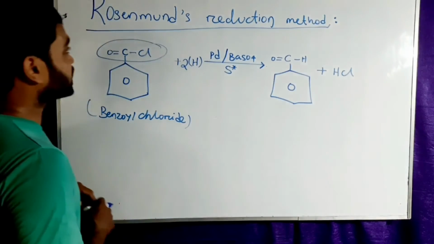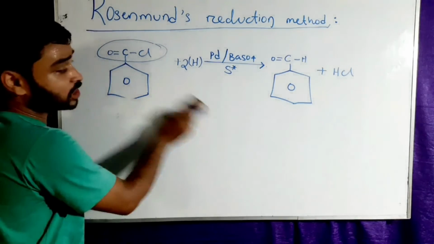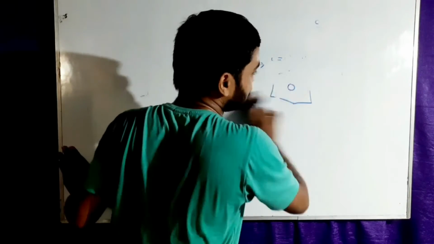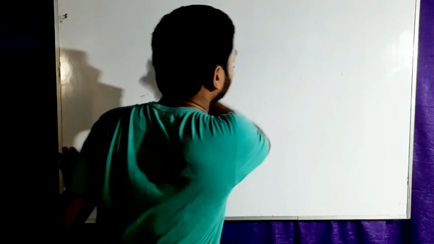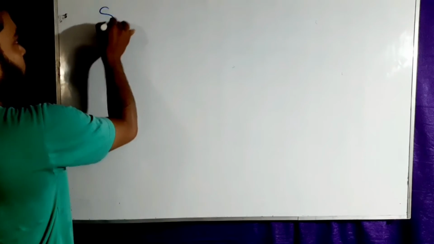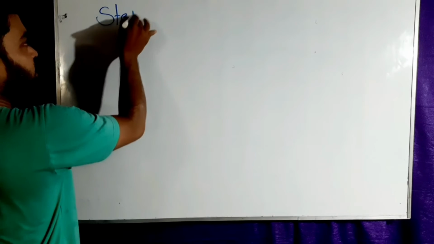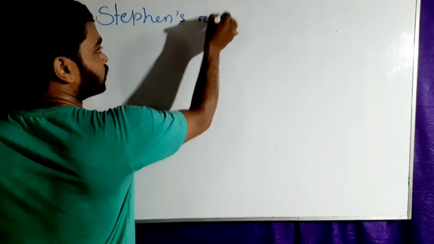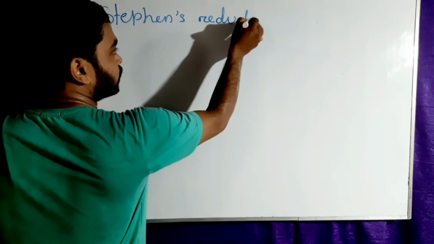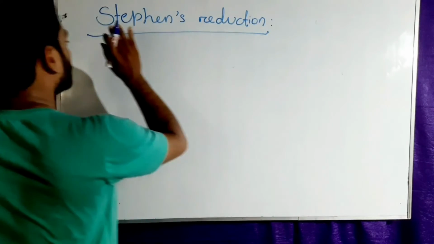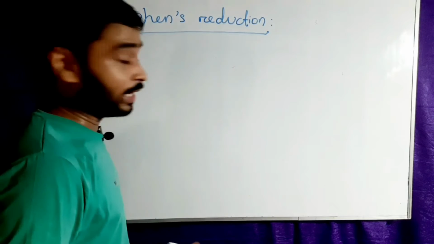So moving on to the next part, the Stephen reduction, which is the second method for the preparation of aldehyde only. So the second one is Stephen reduction. So in Stephen reduction, what happens?